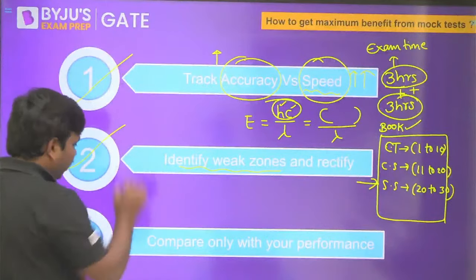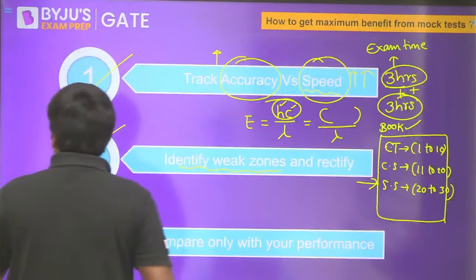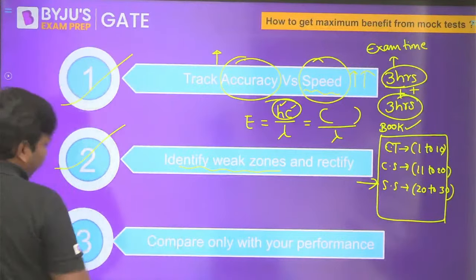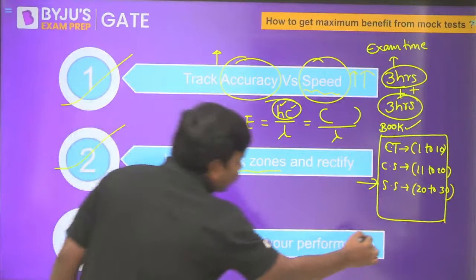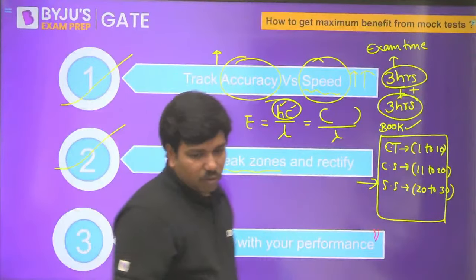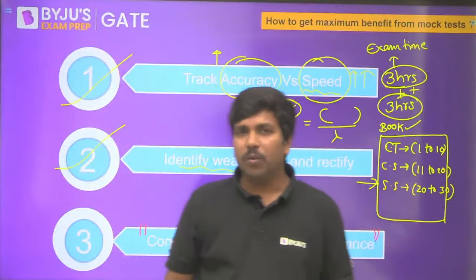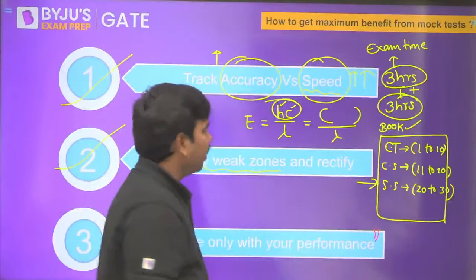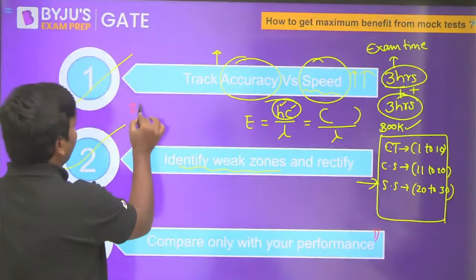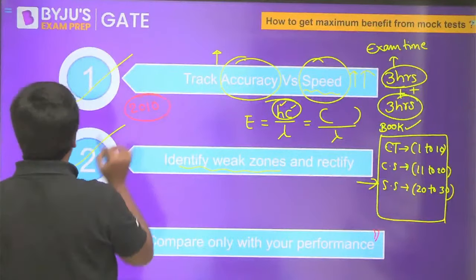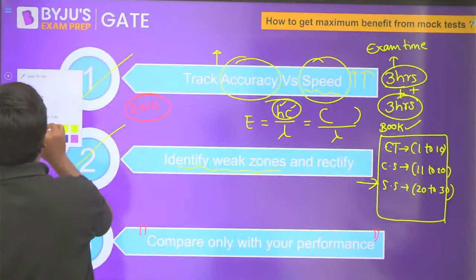And the third most important point, I would like to say, is to compare only with your own performance. Clear? This is what most students do. I even remember Pramit rightly asked, in 2010, I think for the very first time when I was giving the GATE examination, 2010 or 2019.